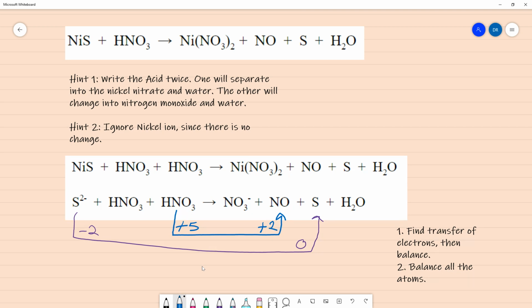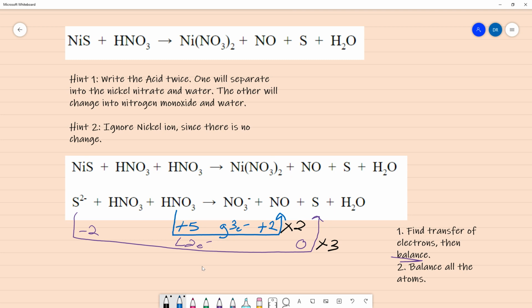That is a gain of 3 electrons. And then -2 down to 0, we're going to lose those 2 electrons. Okay, then we need to balance because 3 and 2 do not equal, so I need to times this by 2, times this by 3, and now they're equal for 6.